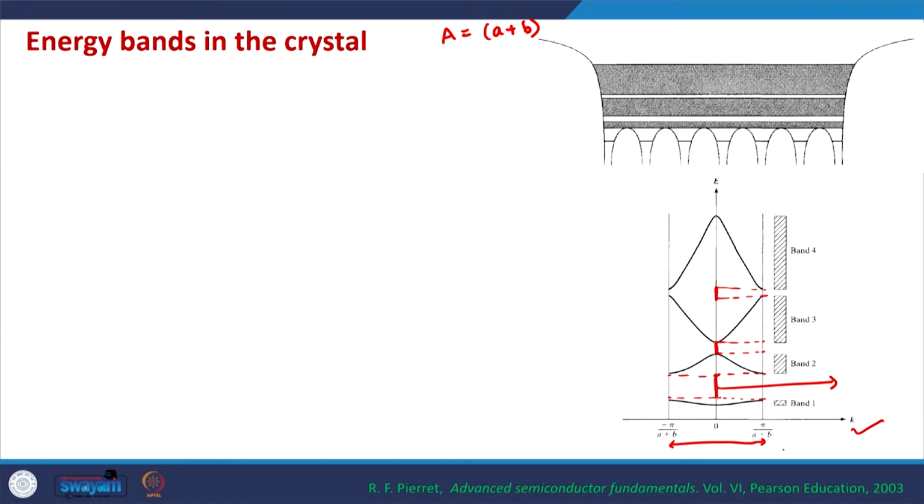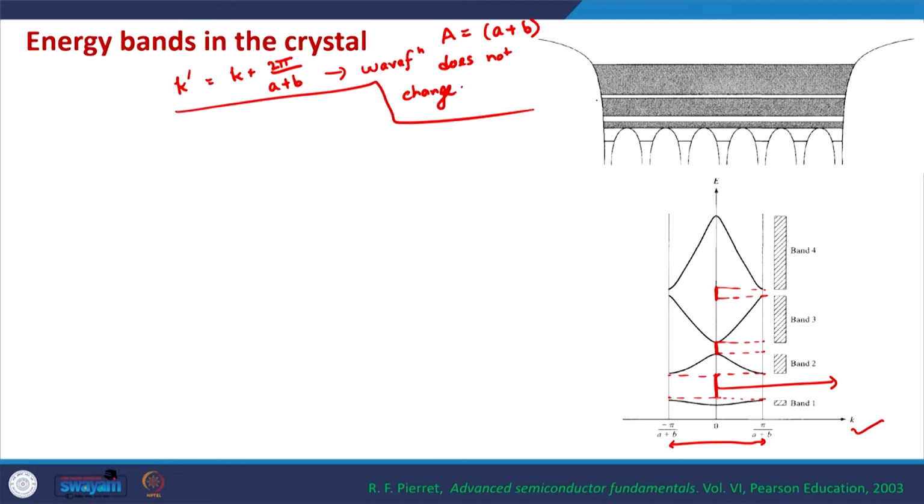Also, one of the conditions that we studied is that if we shift the K value by 2 pi by the period of the potential profile, the wave function remains the same. Basically, the wave function does not change, it corresponds to essentially the same wave function.